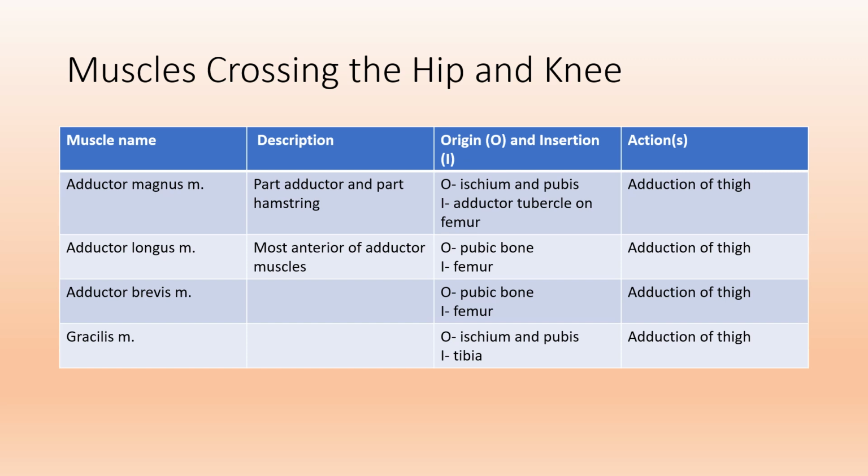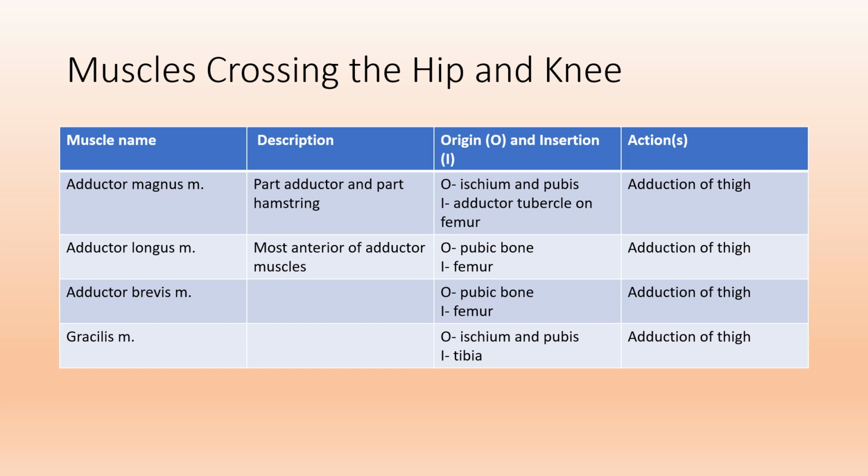This muscle is so big that it actually encroaches into the posterior thigh. It comes from the ischium and the pubis, so 2 parts of the coxal bone, and it inserts onto a very special bone marking known as the adductor tubercle on the medial aspect of the distal femur. Its action is thigh adduction.